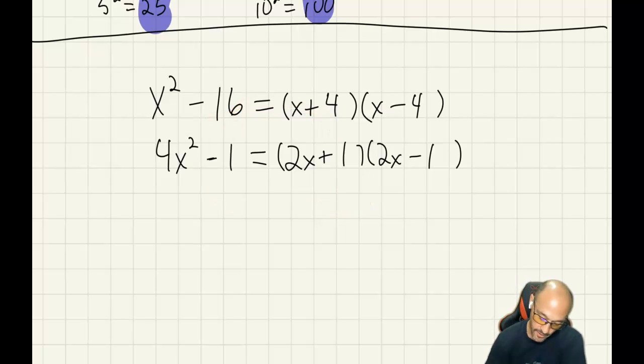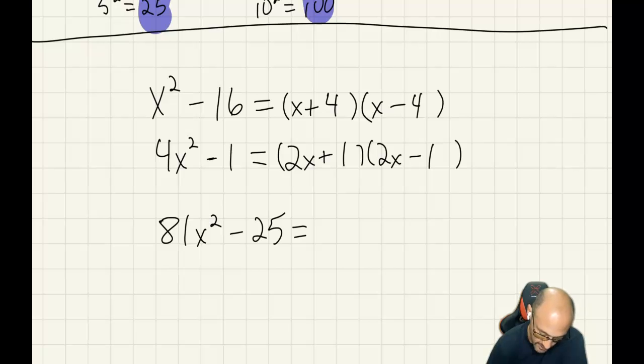So let's look at another example. Let's look at 81x squared minus 25. All right. 81 is 9 squared. 25 is 5 squared.